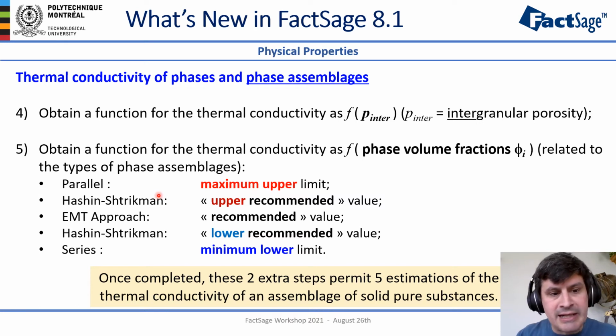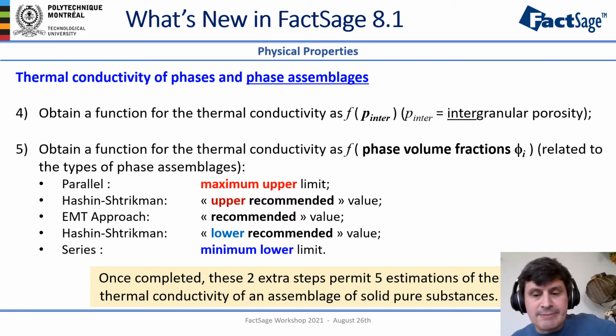And we are using the Hashin-Shtrikman approach to have an upper recommended value and a lower recommended value, which are lying between the recommended values and the 2 limits. So with these 2 extra steps, we permit to calculate 5 estimations of the thermal conductivity of a phase assemblage of pure solid substances or liquid substances.